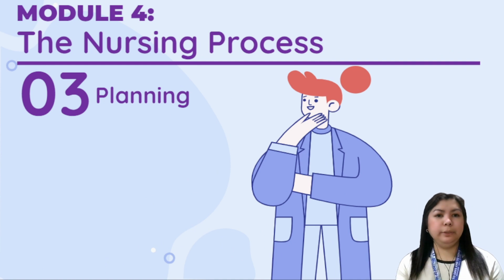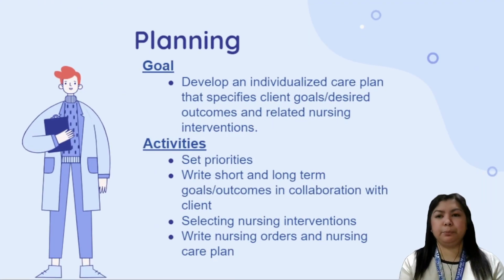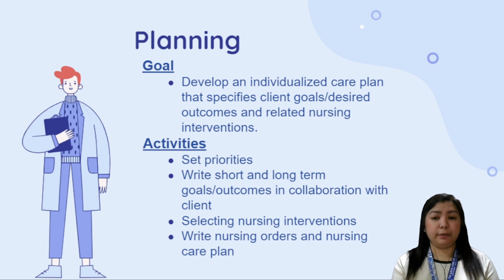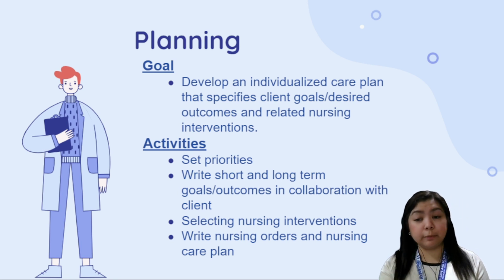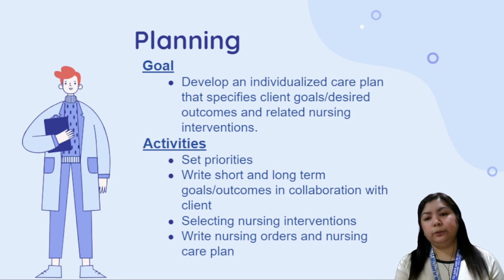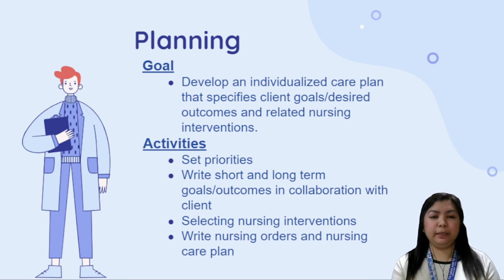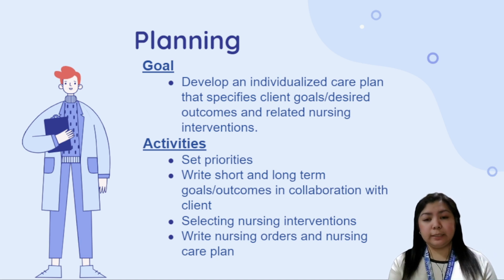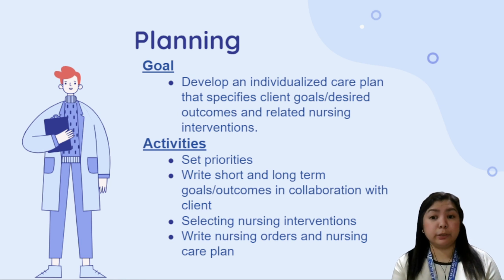So to review the different activities involved in the planning phase of the nursing process. Primarily, the goal, as I had mentioned a while ago, is to develop an individualized plan of care. So the different activities involved in this phase: number one, you set priorities. With setting priorities, we'll have a review of what we had discussed from the last topic regarding how we identify which is the problem that we would pay particular attention to and first focus on.